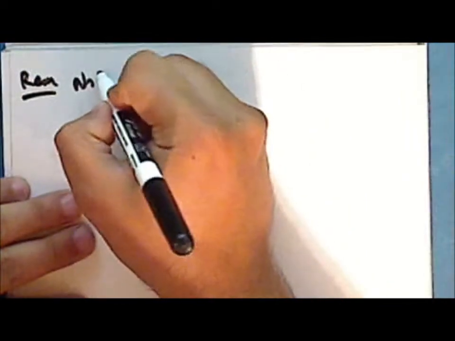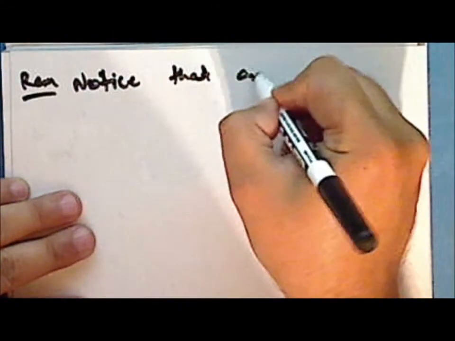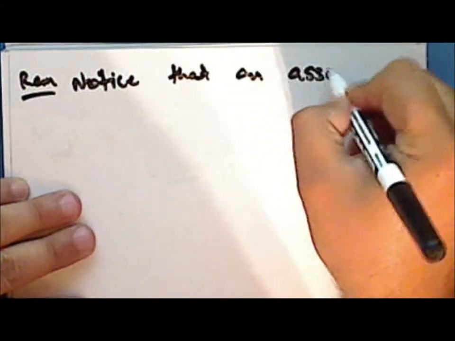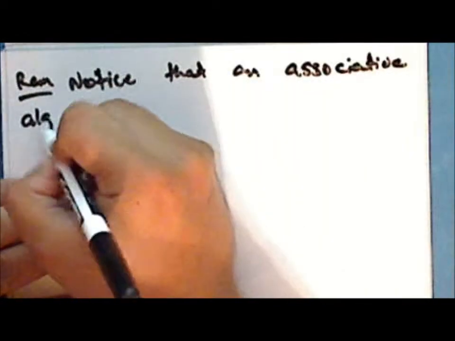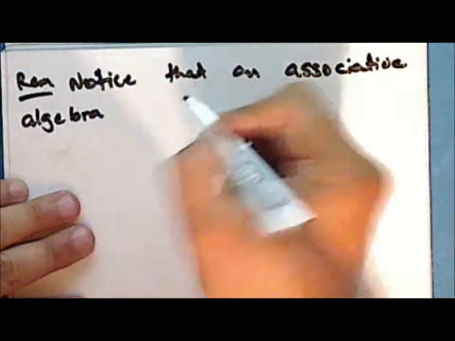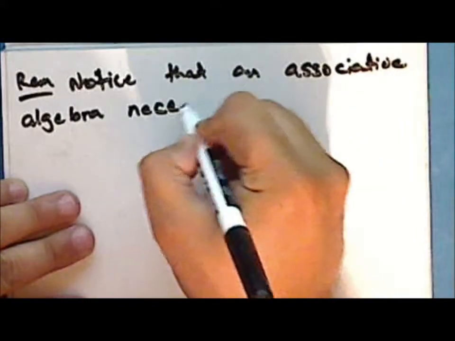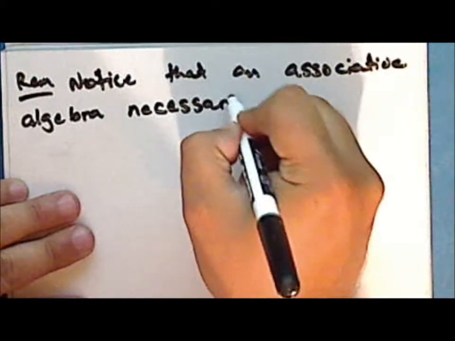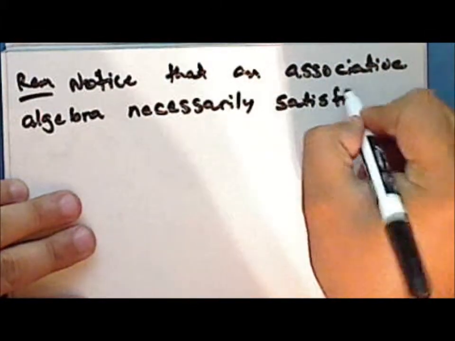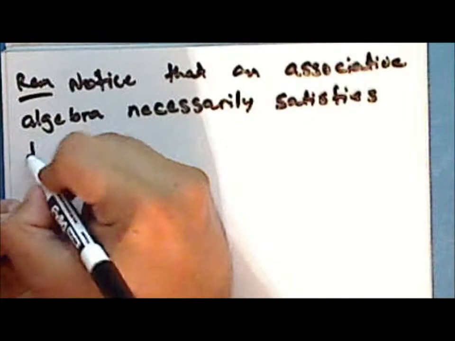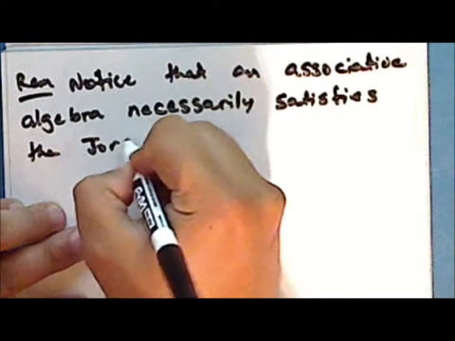So notice that an associative algebra necessarily satisfies the Jordan identity.